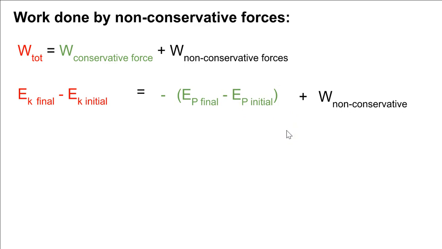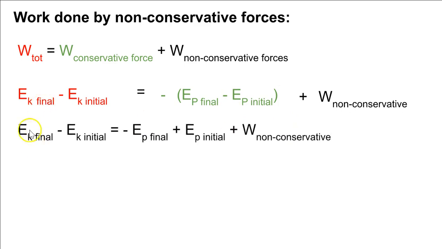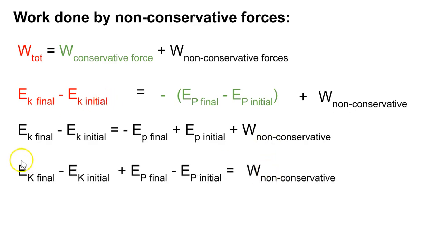So I'm just going to simplify this equation a little bit to say kinetic energy final minus kinetic energy initial. I just multiply the negative sign into the bracket, then I get minus P final, negative times negative, plus P initial, plus the non-conservative force. And if I change this equation around a little bit, I get that my non-conservative force is going to be equal to my final kinetic energy minus my initial kinetic energy, plus the final potential energy minus initial potential energy.